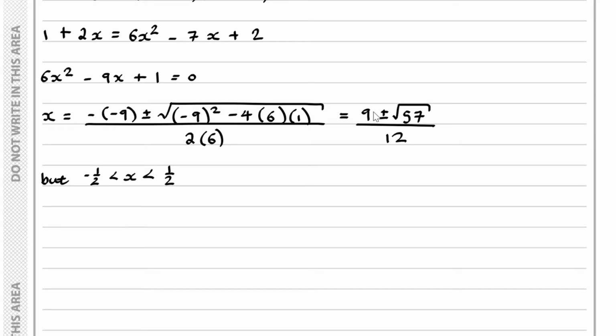And therefore 9 plus root 57 over 12 is bigger than 1/2, and so the value we wish to choose is x equals 9 minus root 57 over 12. Okay?